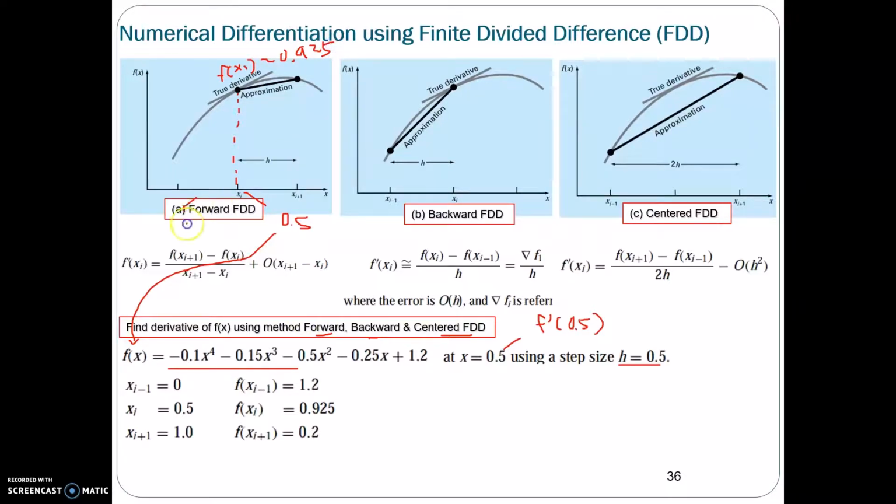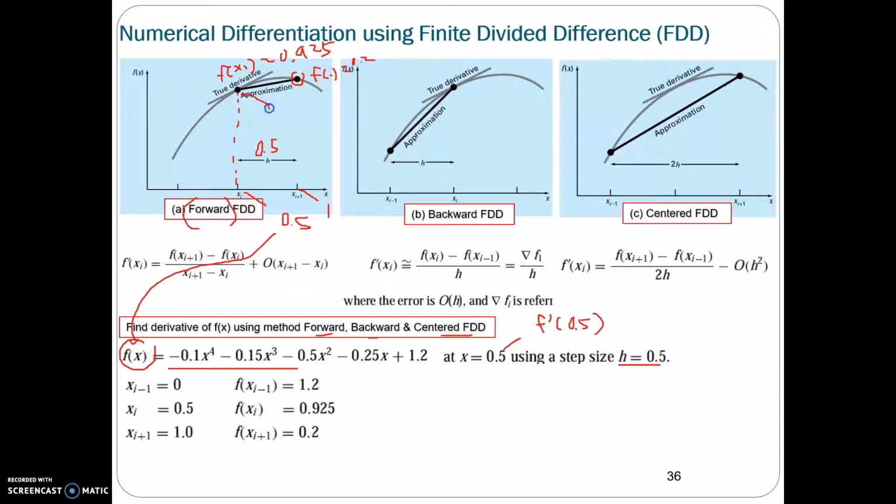By using the forward method, you need the forward point here at xi plus 1. Since the step size is given as 0.5 here, your xi plus 1 is equal to 1. Substitute the 1 inside this function, and you obtain f(1) equal to 0.2.